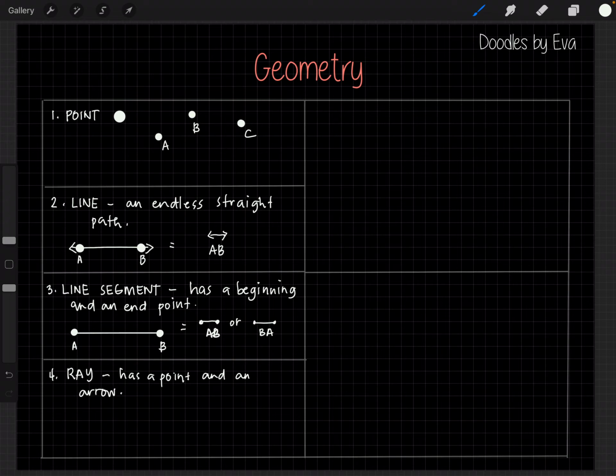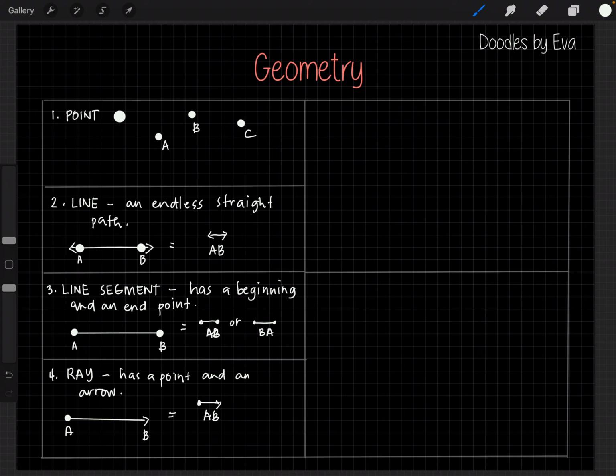Okay, let's create it like this. Point and then arrow. And let's name this A and B. Okay, we can say that this is ray AB.